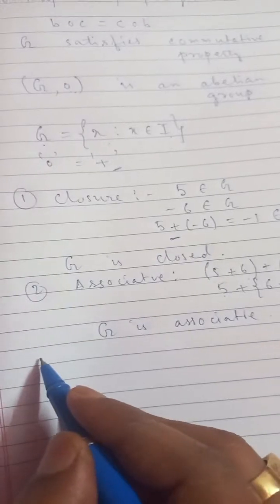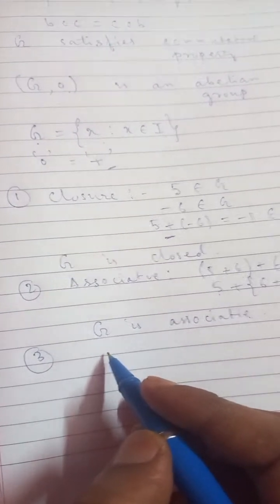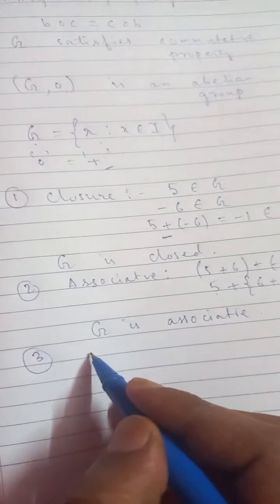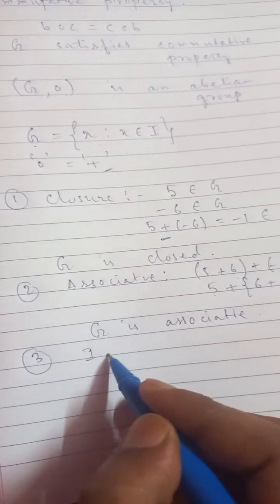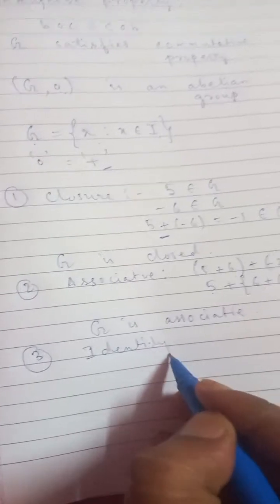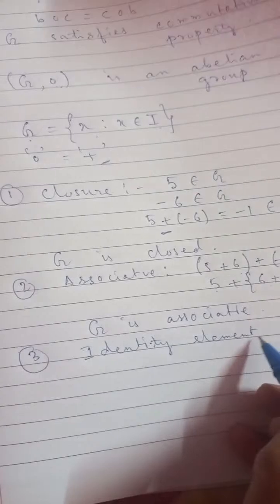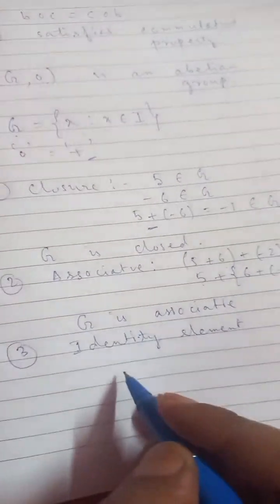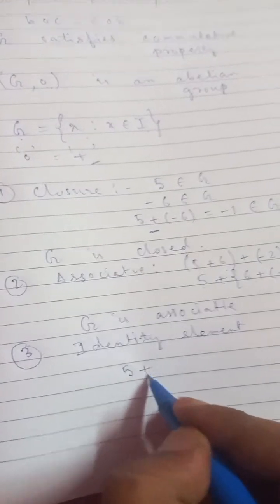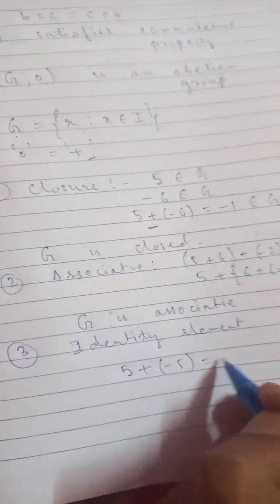Now the third property, the identity element. We will take 5 plus minus 5, we will get 0.